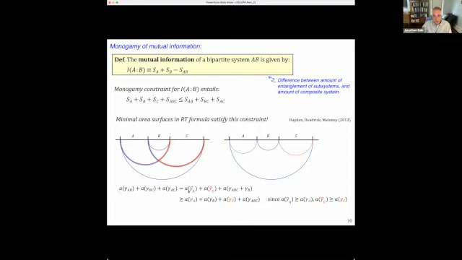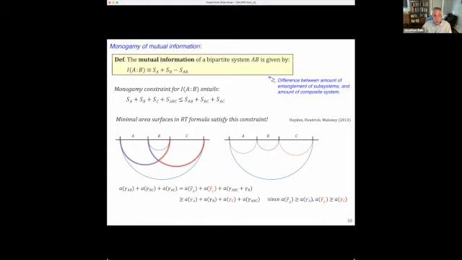And then the claim now is that the result we get should be equal to the area of the following surfaces, the expression on the right, where, for instance, gamma A tilde is a bulk surface that has the same boundary as A, but is not necessarily the minimal area bulk surface with that property.